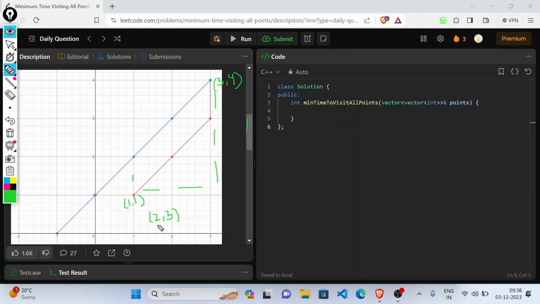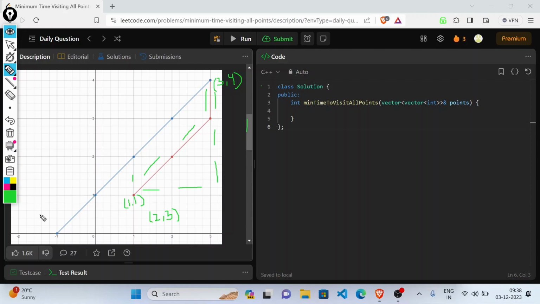Or we can say that the maximum gives us the total number of moves required to reach from one point to the other. Here the maximum is 3, so in 3 moves you can reach from 1, 1 to 3, 4.